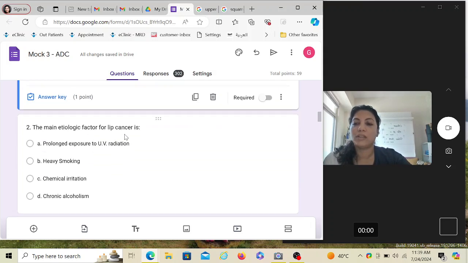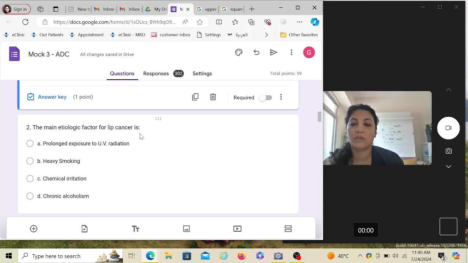Now, the main etiologic factor for lip cancer is, again, the keyword is main. If I remove that, my question would be: the etiologic factor for lip cancer is. But when I introduce main, it means all the options that would be given are correct, and you have to pick up that option which is the major factor.